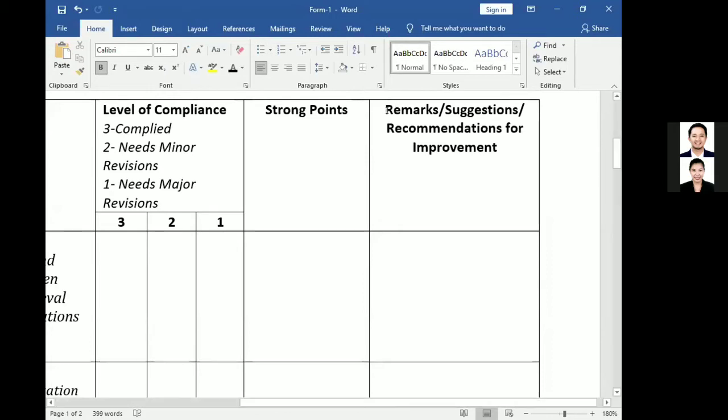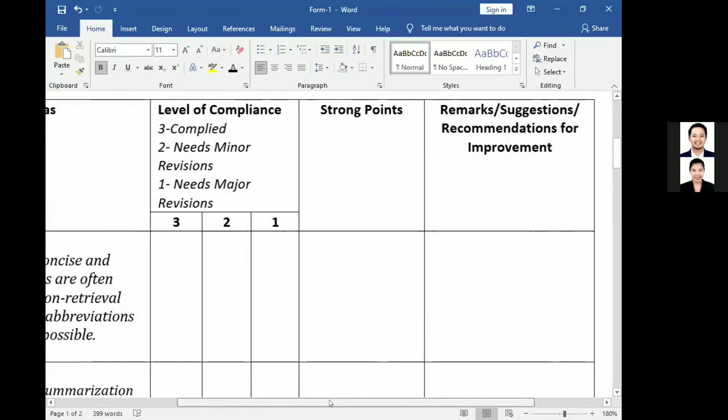And then this is your remark, suggestion, and recommendation. As much as possible, be specific and constructive. Our purpose here is to help. Our purpose is to support the improvement of our mentees later. So I need you to focus on the improvement rather than just criticize the paper, okay?